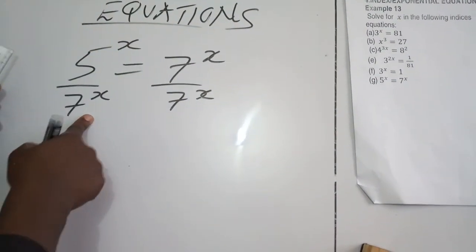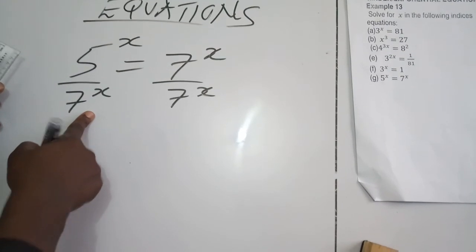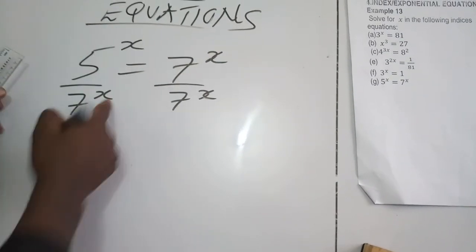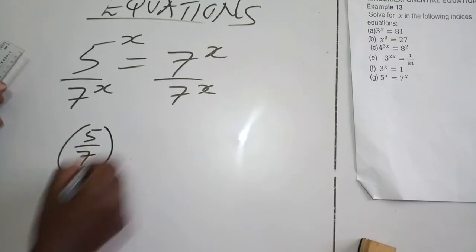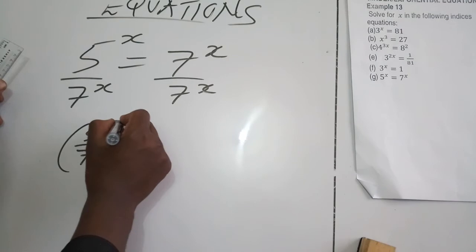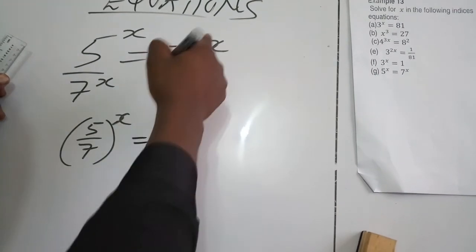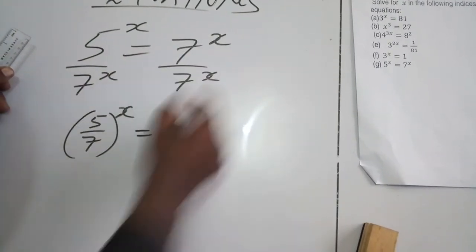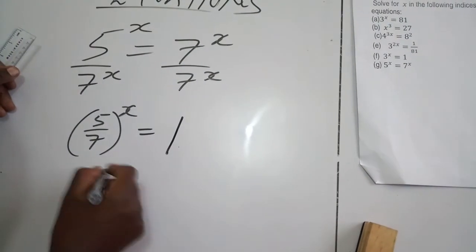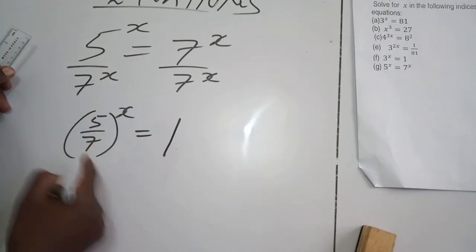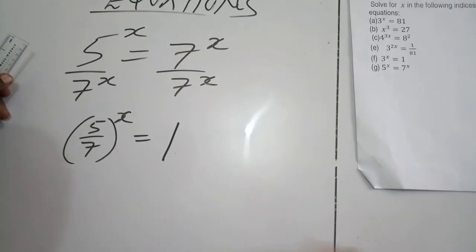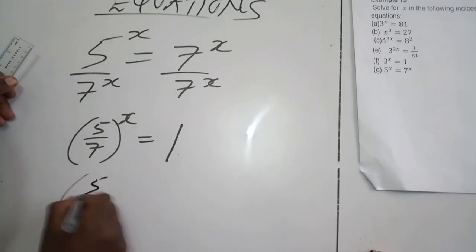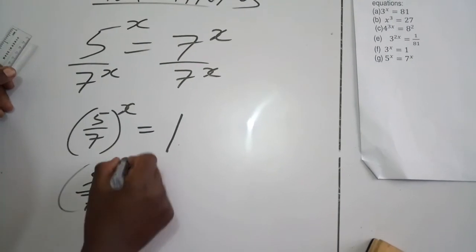Remember the fourth law. You are dividing numbers with a similar power. What will happen? You're going to divide the bases. On the right, dividing the same elements, you get 1. Then I'm going to use 5 over 7 as the base, maintaining power x.